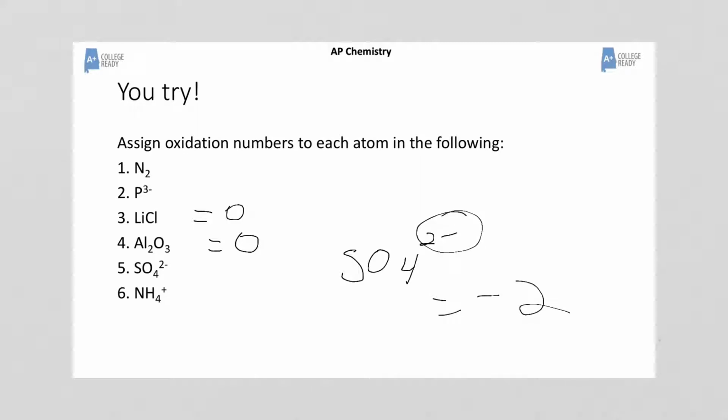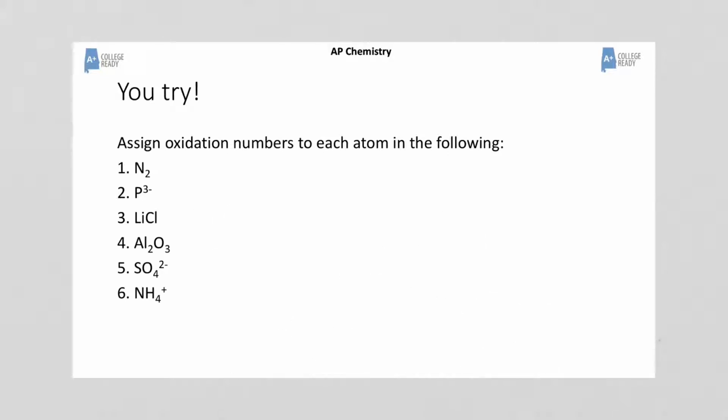It's got to be negative 2. If we start again like we did on the previous with permanganate ion, we know that each oxygen is negative 2. It's in a polyatomic ion. There are 4 of those, so all the oxygens together are negative 8. So if we have negative 8 for oxygen, we can see that sulfur would have to be plus 6 to achieve that.